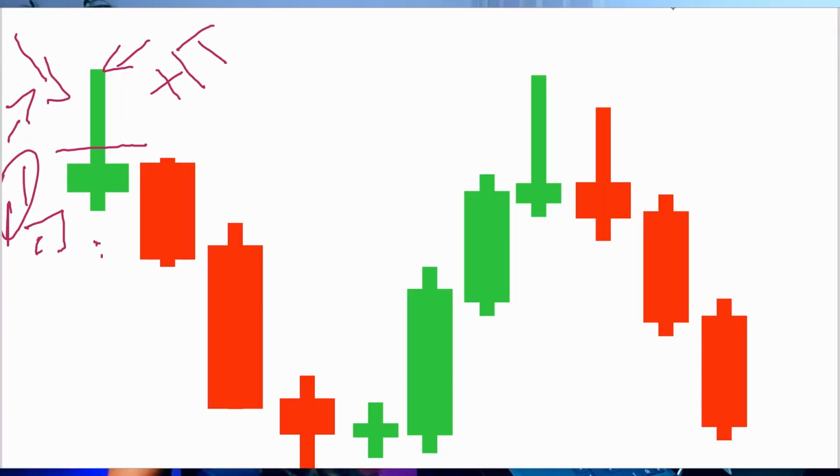But if price was coming from here, price was going up in the upward direction, and then you get this candlestick here, then that means that price is likely to reverse in a bullish market. That was very important to clarify, by the way. So remember that.